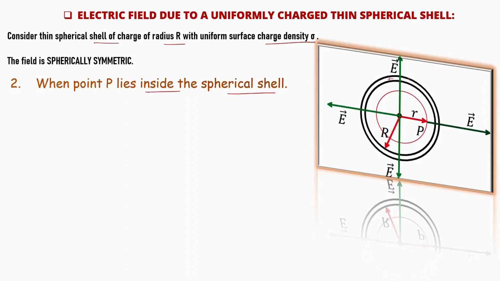That means the charge is spread on a shell of radius capital R. Now we take a point P inside the shell, and we choose a Gaussian surface of small radius r which lies inside it.